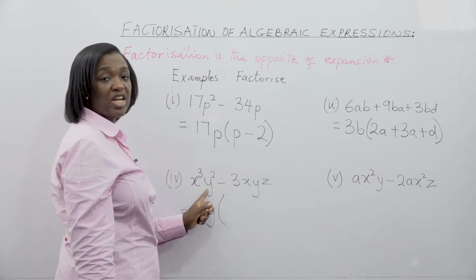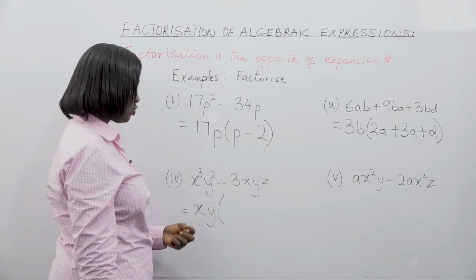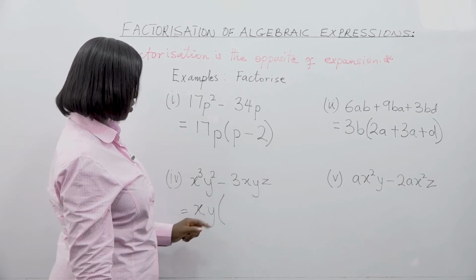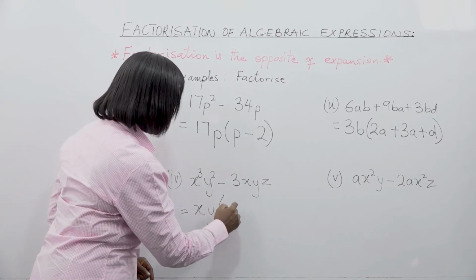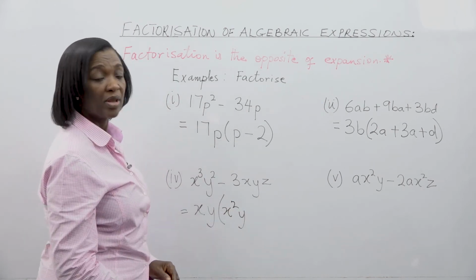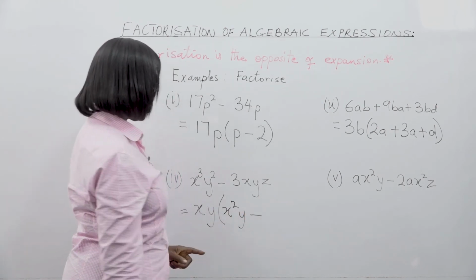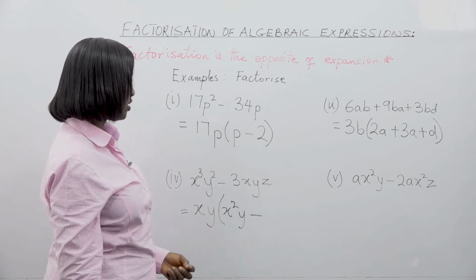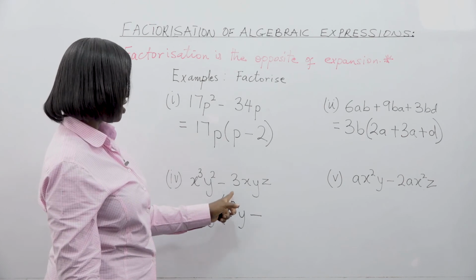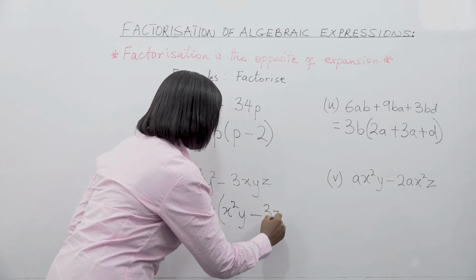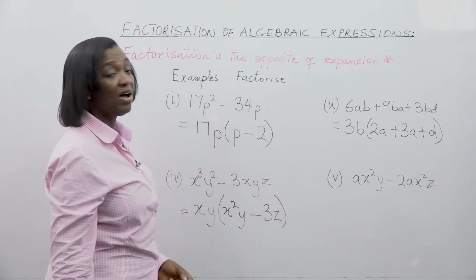So we're going to divide each of these terms by xy. If we divide x cubed y squared by xy, we would have x squared y minus, if we divide 3xyz by xy, we'll be left with 3z. And that's our answer.